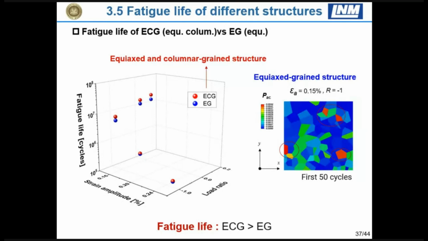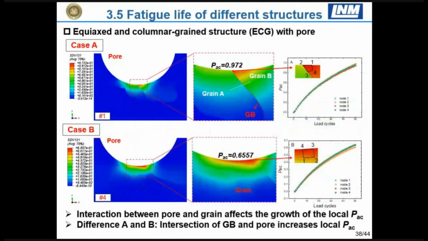To our surprise, the fatigue lifetime of the microstructure with both equiaxed and columnar grains is higher. This is because this heterogeneous anisotropic structure has more ability to accommodate strain localization, leading to a stronger fatigue lifetime behavior.